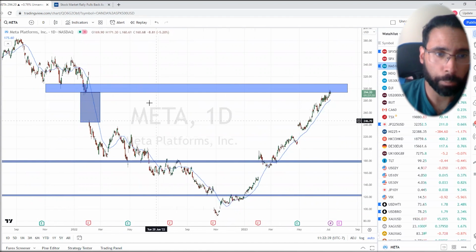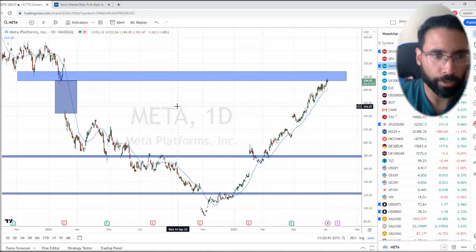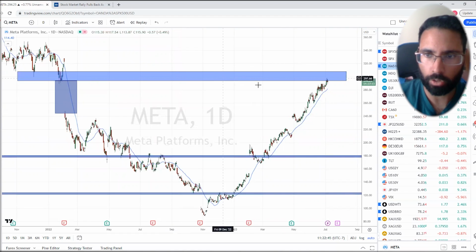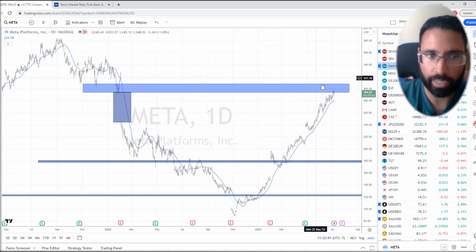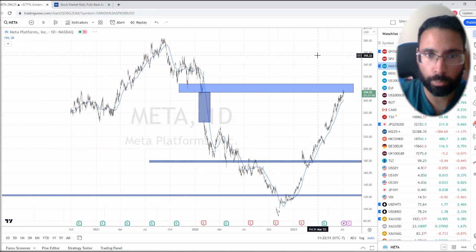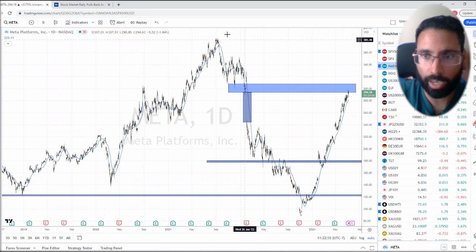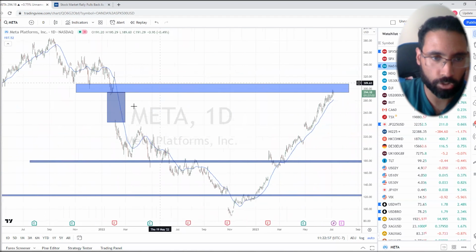So if the bulls can beat the bears, if the bulls can take out the sellers here, it would be a very, very bullish signal, which would even see us going back to 340, 360 in the long term, and potentially even taking out previous all-time record highs here around that 380 zone.